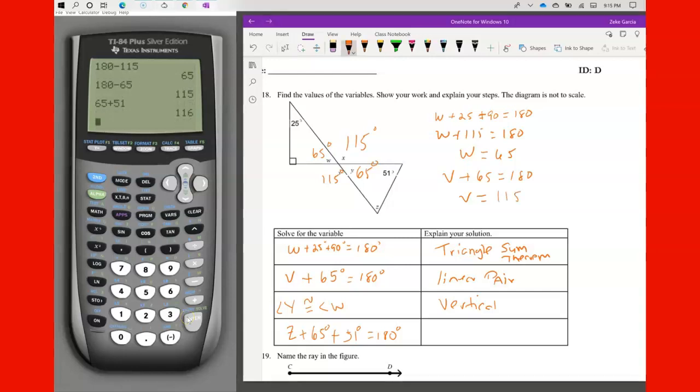So we have Z plus 116 equals 180. Then I'm going to subtract 116, which is 180 minus 116. That's 64. So this is 64. And this is the triangle sum theorem.